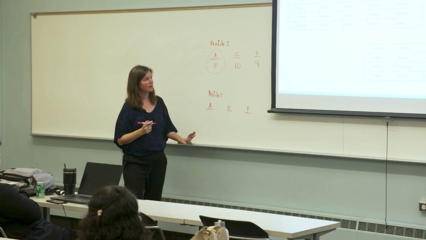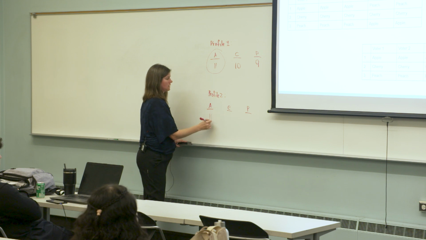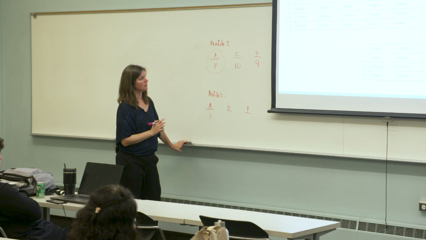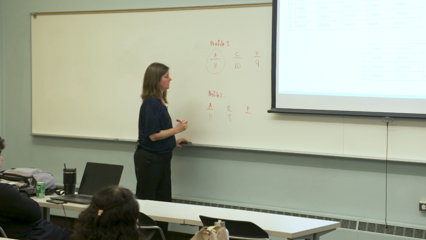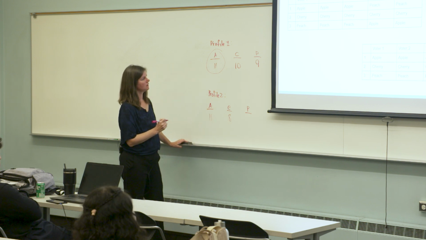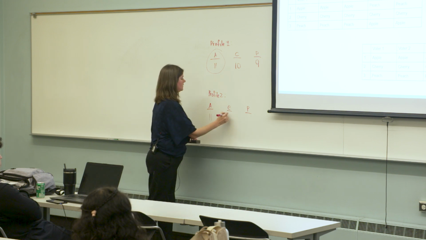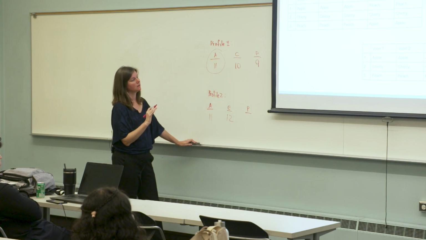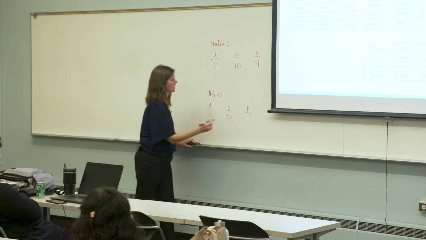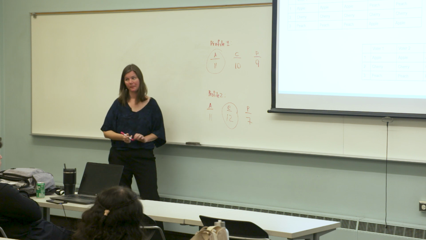Profile 2, apple has 11 still. Cherry, 1, 2, 3, 4. Cherry has 8, right? Is that right? Oh, 6, 12. Oh, yep, you're right, thank you. 12. And peach has 7. So cherry wins.